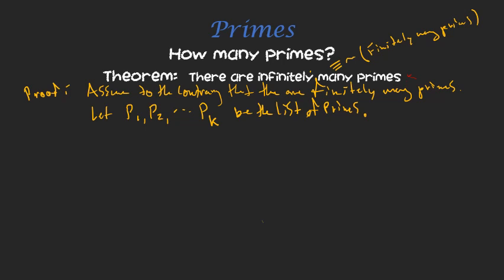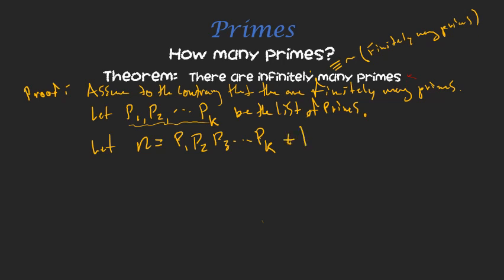So how can I get a contradiction here? Well, there ought to be much bigger numbers than any one of these primes. If there's only finitely many primes, there's infinitely many numbers out there. What about really, really big ones? They're all somehow products of these ones. And in fact, what I'll do is take the product of all of these and add 1 to it. Let n be p1 times p2 times p3 up through pk, that product plus 1.